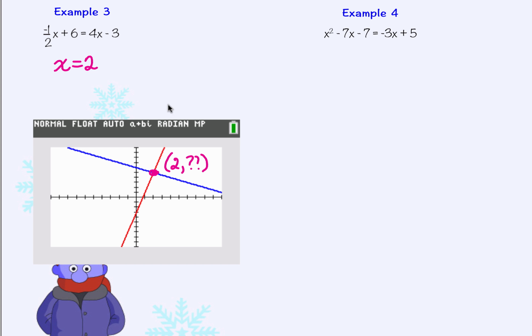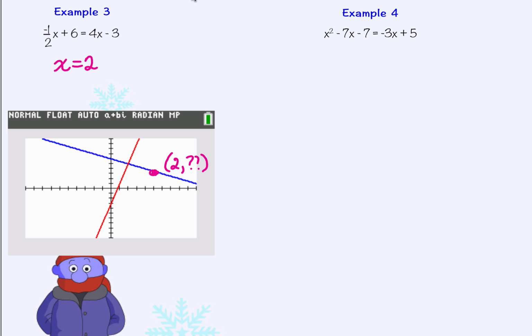All right, so for the next one, we are going to have to use a calculator because you don't know how to solve equations that have x squared in them. Not yet, but you will.